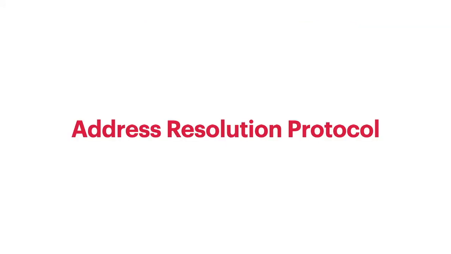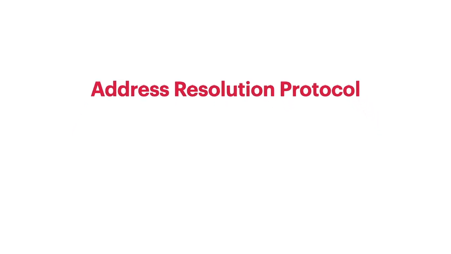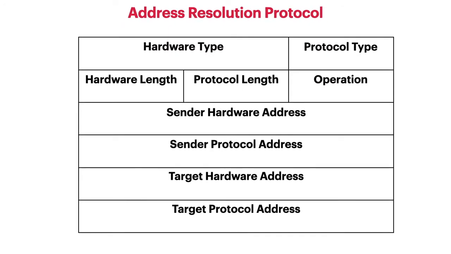The address resolution protocol creates an ARP request packet containing the following fields. Hardware type is 16 bits in length and defines the type of physical network on which ARP is running.